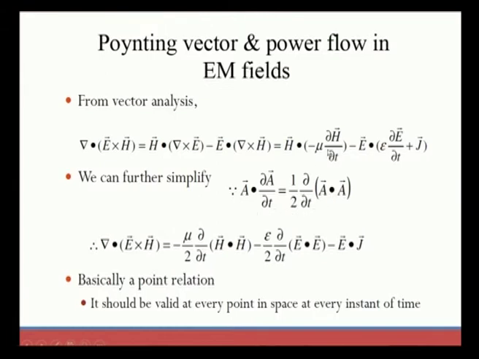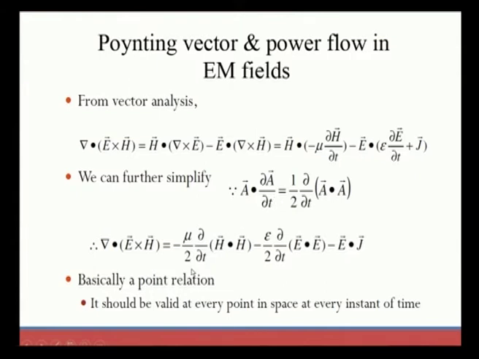So the above equations can be rewritten with the help of this. The left hand side is kept as it is, minus mu divided by 2, H dot dou H by dou t, which will be in this form.